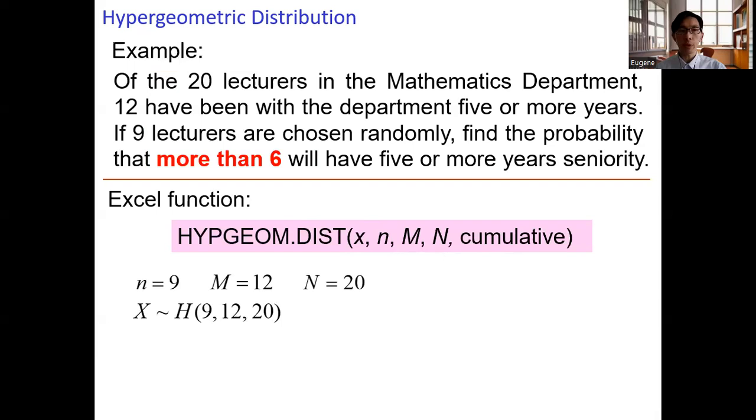We have the same distribution, same parameters for the sample size, big M, and big N. What is X, as well as the cumulative value? We want to find the probability of X greater than 6.